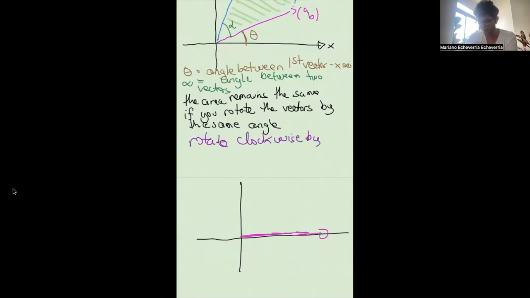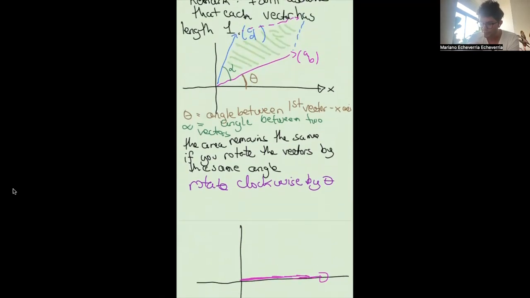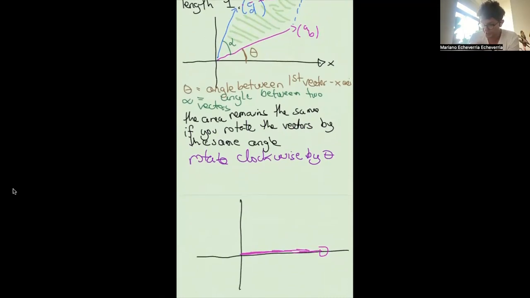Is that making sense? So if you rotate clockwise by theta, what happens with the pink vector? It gets aligned with the x-axis. And what happens with the blue vector? The blue vector gets rotated as well by the same amount, theta. So it just goes here. And now what's this angle? What should I put here?